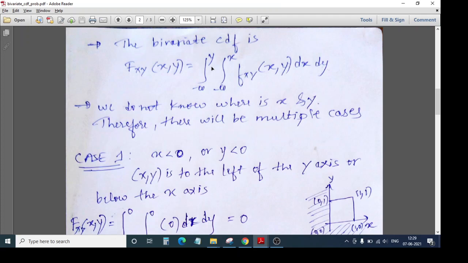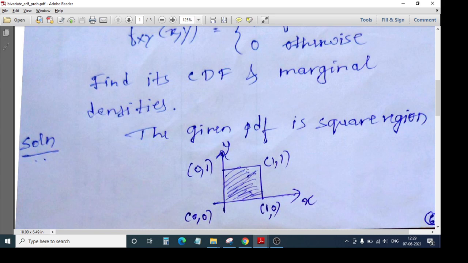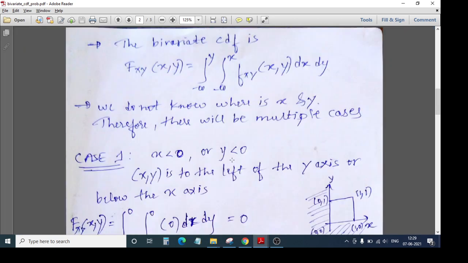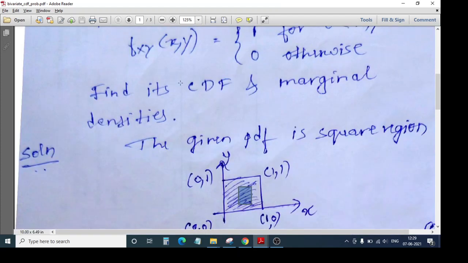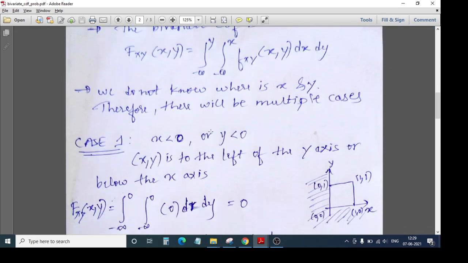One very important thing is that we don't know where our x and y are in this region. So we will assume various cases, to find the CDF and marginal densities for various ranges of x and y.